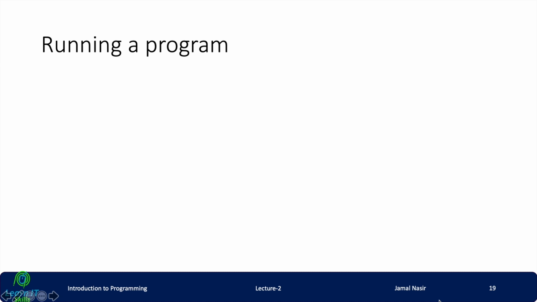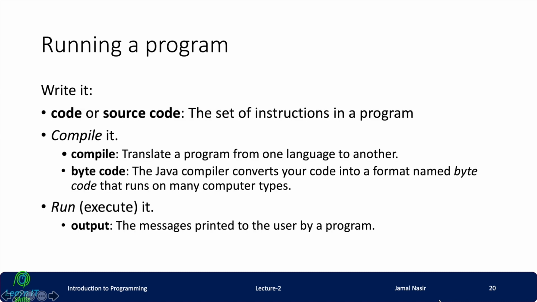So how to run a program in Java? Obviously we have to write it, then we have to compile it, and then execute it. Okay, so 3 steps. In writing, we have to write the source code, just like what we saw in the second last slide.